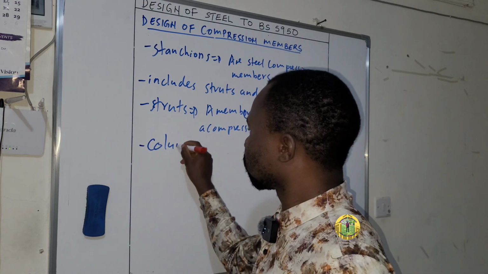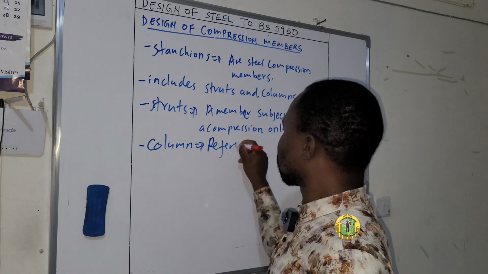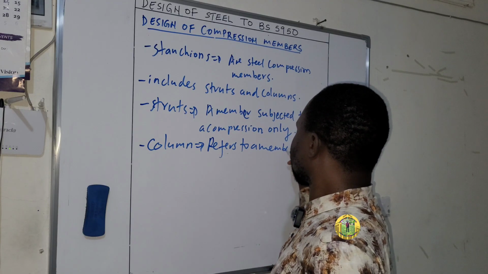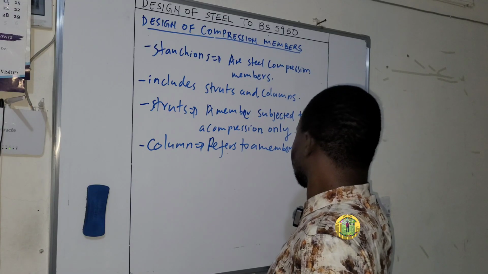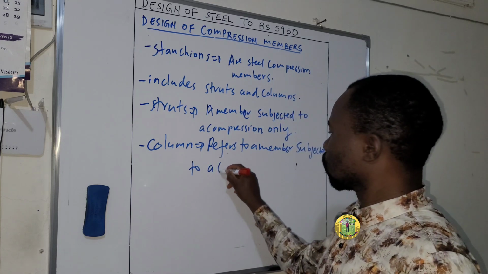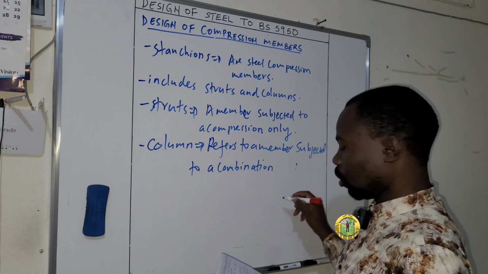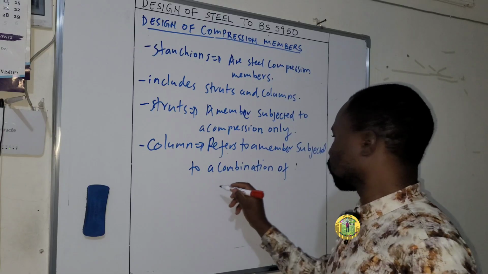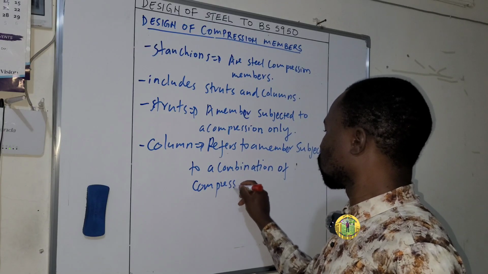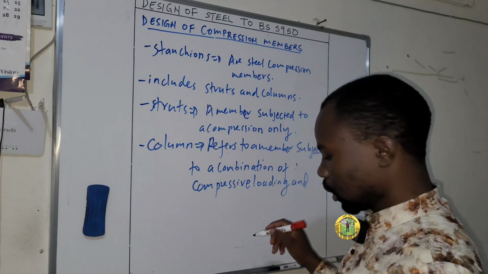And what about column? A column refers to a member subjected to a combination of compressive loading and bending.